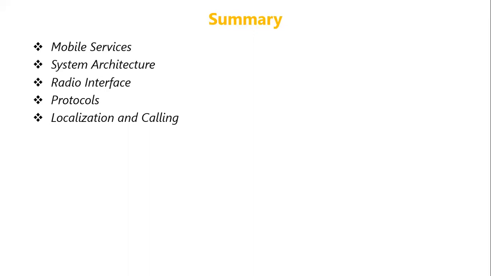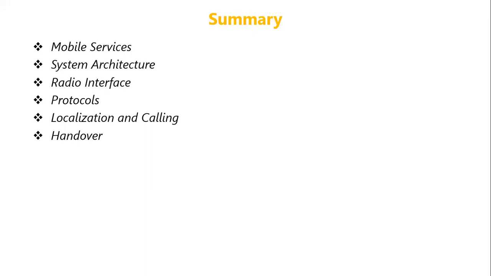And then we have discussed handover. Handover happens when a mobile station moves from one base station to some other base station. So what are the reasons for which handover happens? Handover happens for two reasons. One is when the signal becomes very low or the quality of the radio link becomes very low.